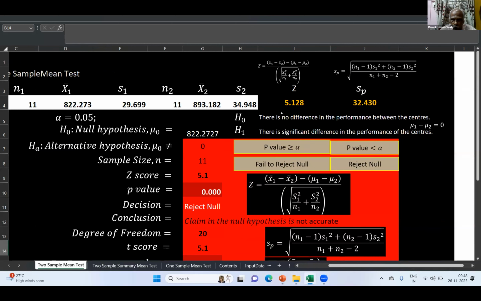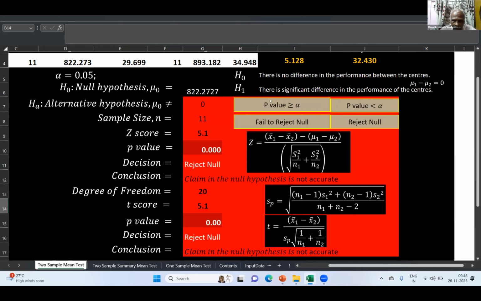There is no difference in the performance between the centers. This is the null hypothesis. And H1 is there is a significant difference in the performance of the centers, mu1 minus mu2 is not equal to 0. And then you can get the result. This is the condition for conclusion, and this is the conclusion: claim in the null hypothesis is not accurate.